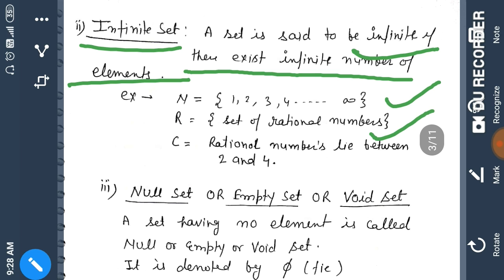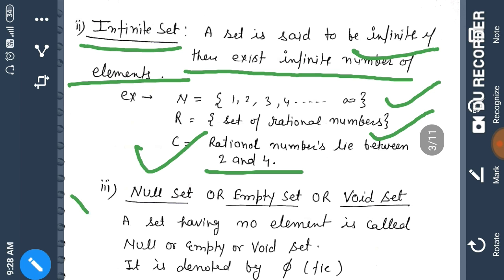We are unable to count the real numbers. Between two numbers 1 and 2 there exist infinitely many real numbers. Similarly, for rational numbers that lie between 2 and 3, as we know, between two numbers there exist infinitely many rational numbers. Okay, so this is the definition of infinite set.